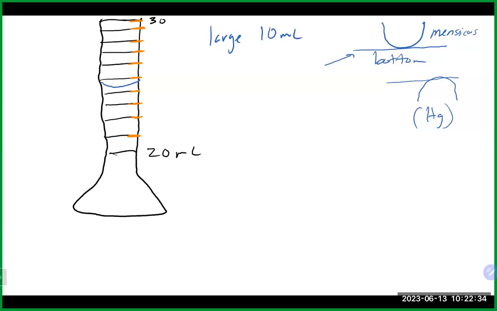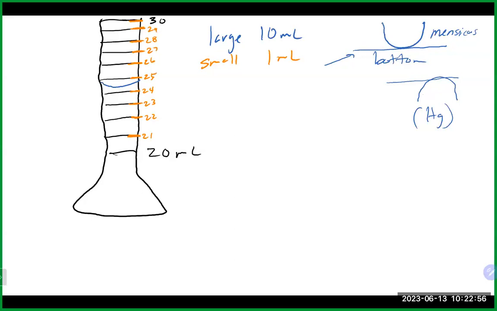That is 10 markings between 10 milliliters. That means each small marking is 1 milliliter, right? And that means that this is 21, 22, 23, 24, 25, 26, 27, 28, and 29.